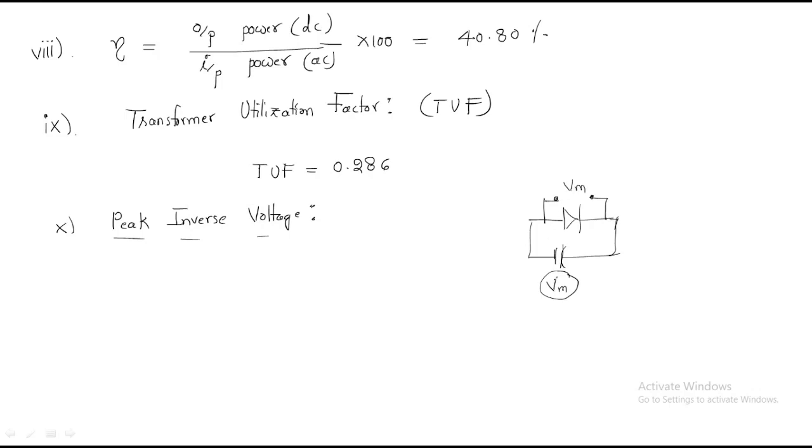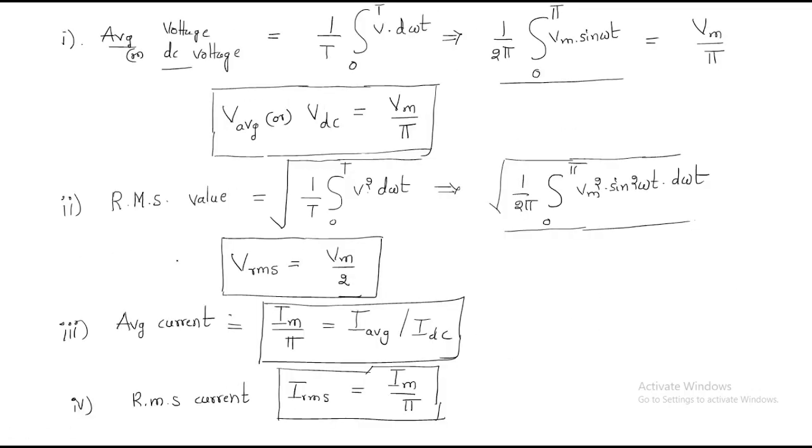This is only a single diode, and we are applying a single supply. That's why the peak inverse voltage is Vm. It is the peak voltage withstood by the diode whenever reverse bias is applied. And this is about our half wave rectifier.